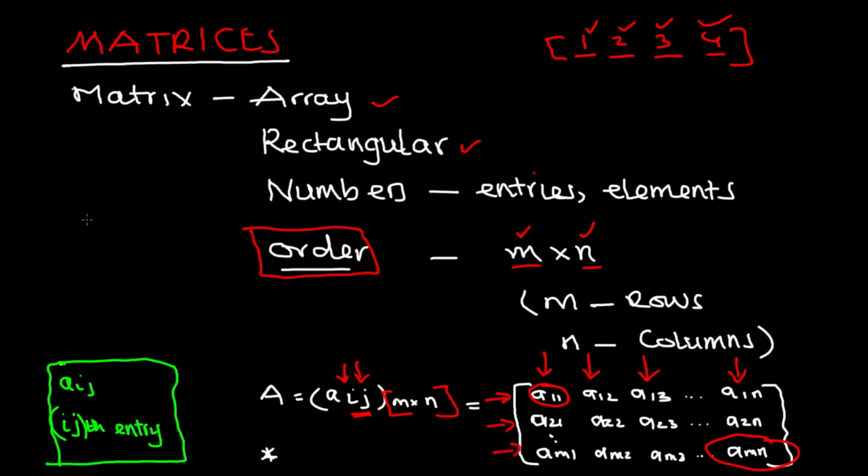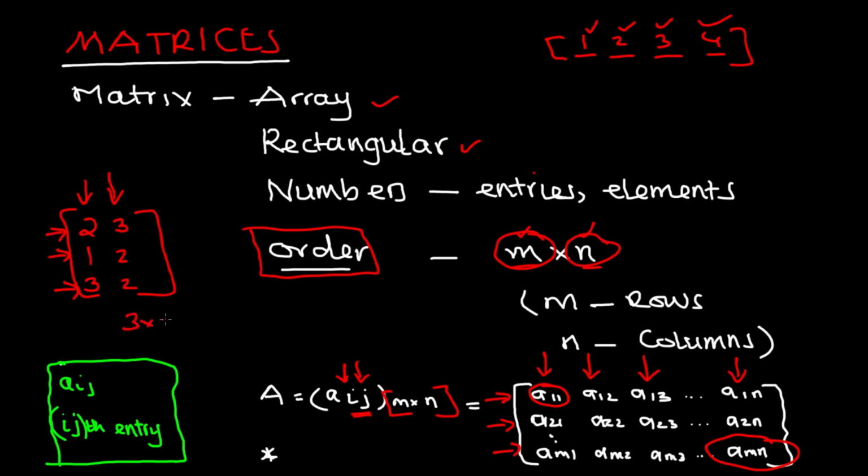For example, if I had a matrix like this, so we have 3, this is a 3 by 2 because we have 2 columns, and then we have 3 rows. So we start with the rows, which is 3, and then the columns is 2. So this is a 3 by 2 matrix.